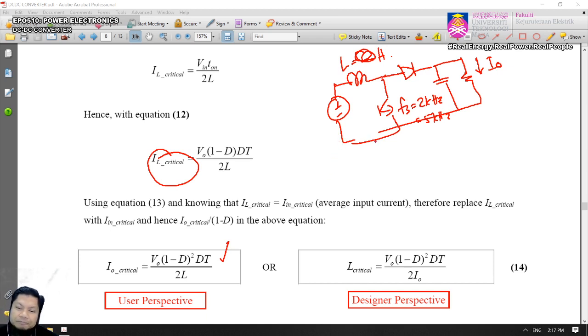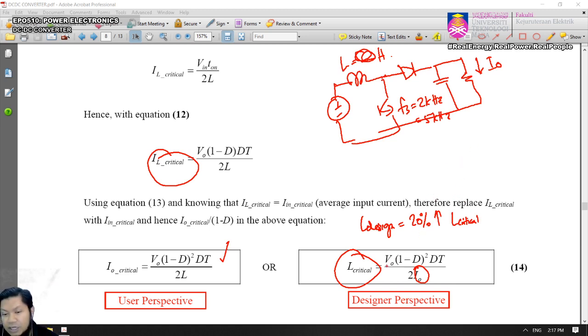Okay, and if you are in the designer's perspective, you are given I naught, then you can find L critical. Again, I forgot to mention during the buck converter, normally when you design your L critical, your L design will be 20% higher than the L critical. So in practice, this is what your designer or engineer does.